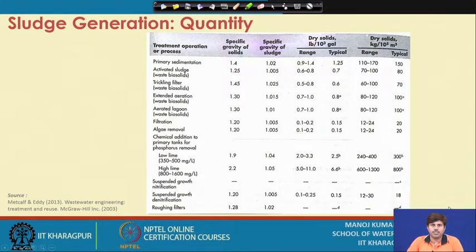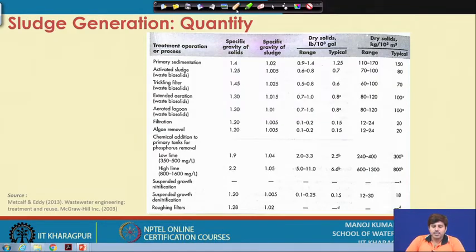If we look at the quantitative aspect of the sludge, depending on the different units we will have a different range of sludge production.